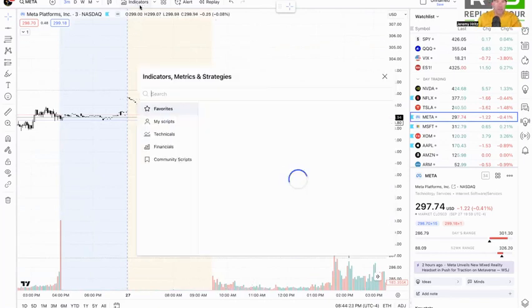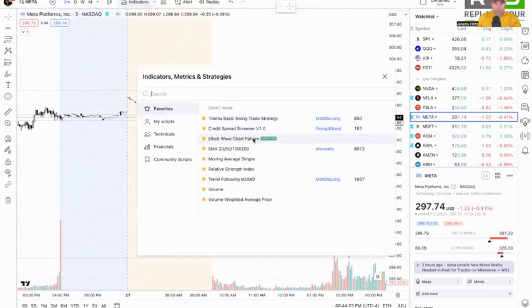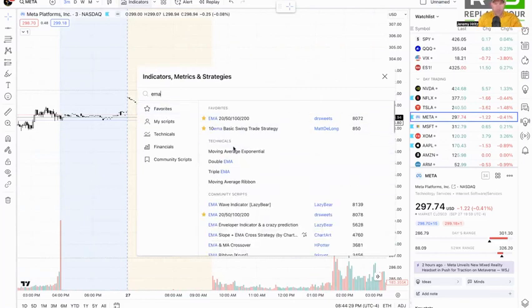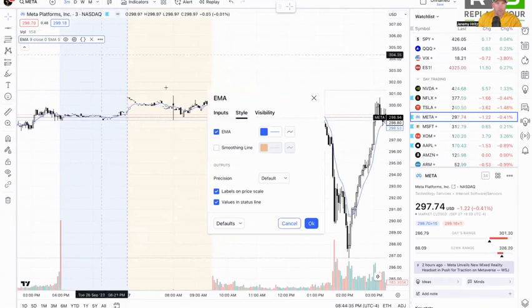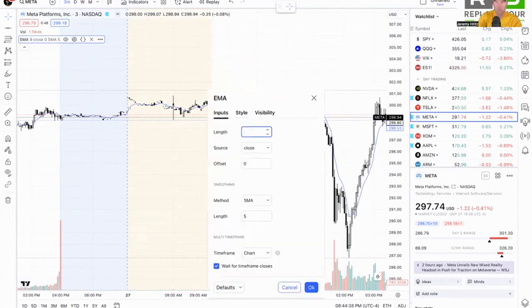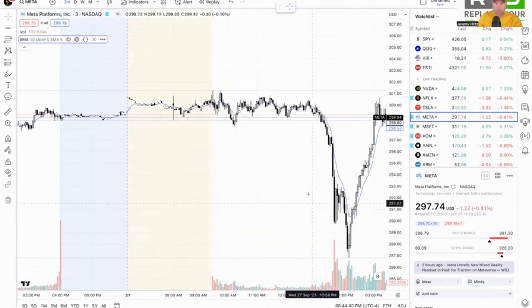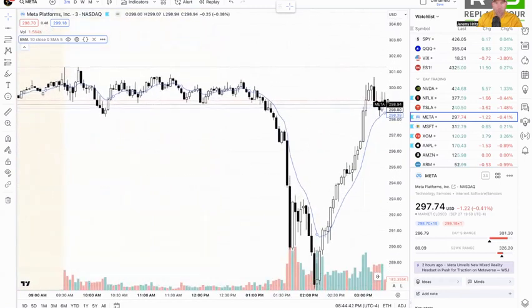Actually, let me throw a line on here, and I'll show you if I would have been able to trade this with my strategy. One second here, input. So this blue line is the 10 EMA.